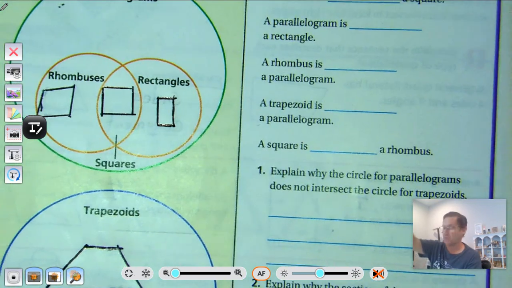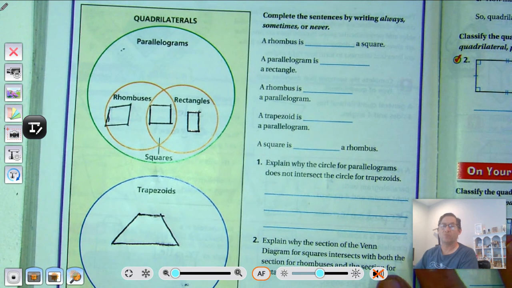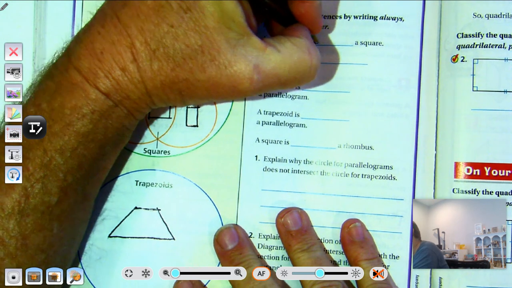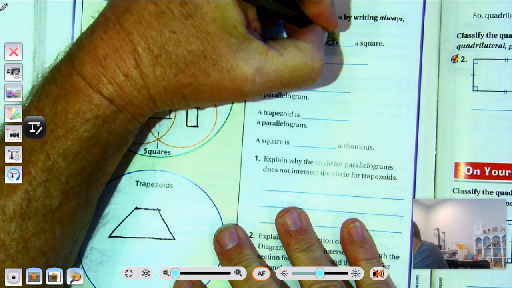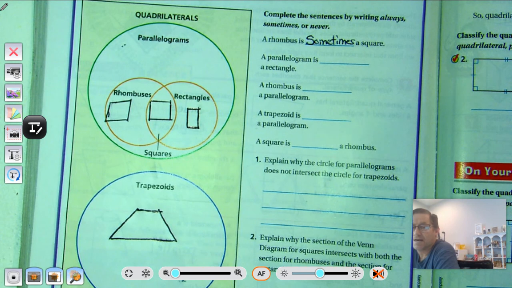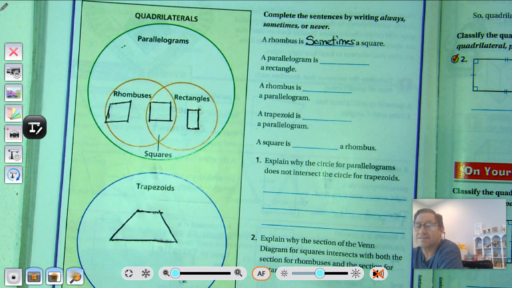All right, so let's look at these questions here. A rhombus is always a square? No, if it doesn't have right angles, it's not a square. So sometimes. A rhombus just simply has to have 4 equal sides. A square has to have right angles.